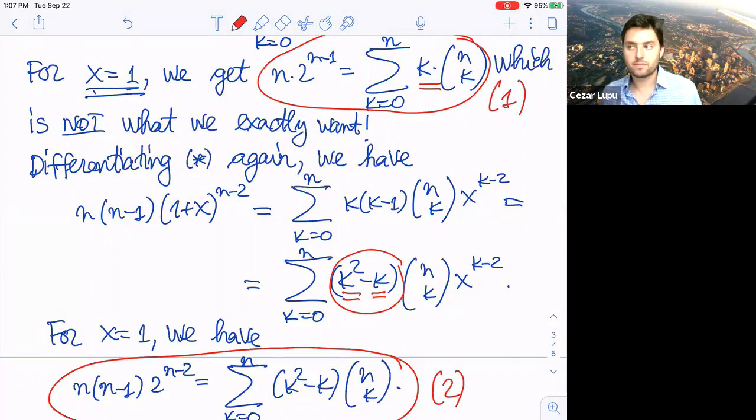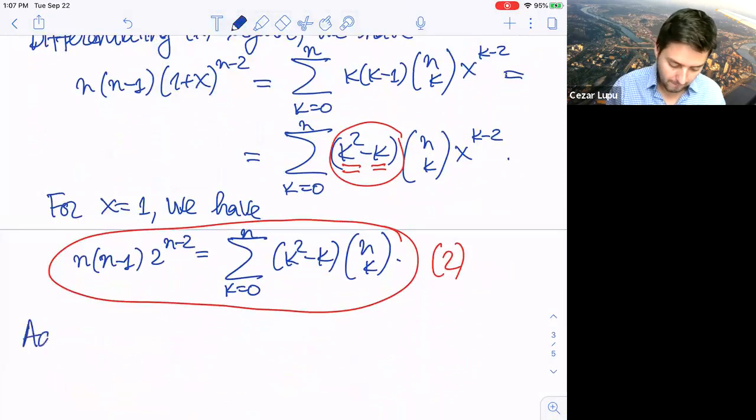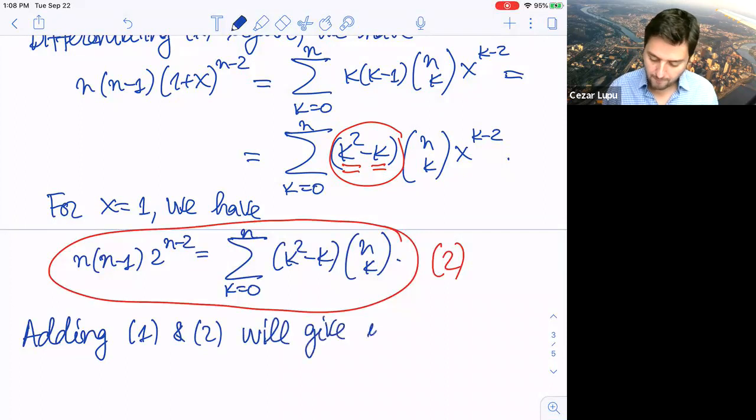And so adding 1 and 2 will give us the following.